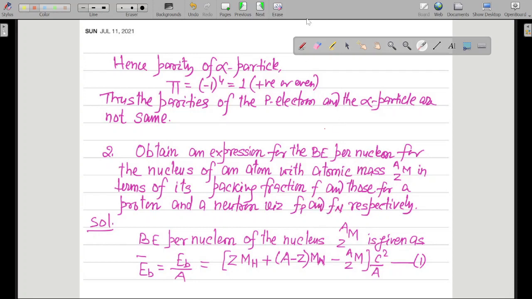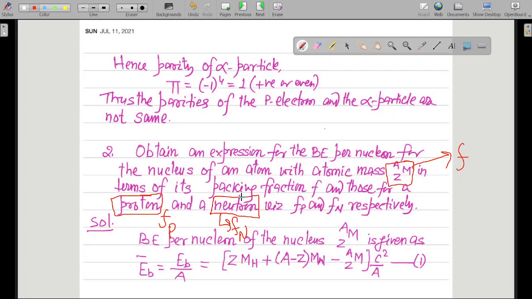The packing fraction of this nucleus is f, the packing fraction of proton is given as fp, and the packing fraction of neutron is given as fn.